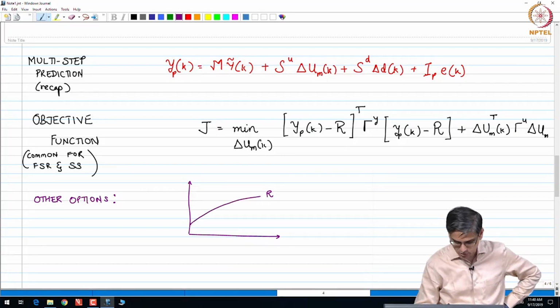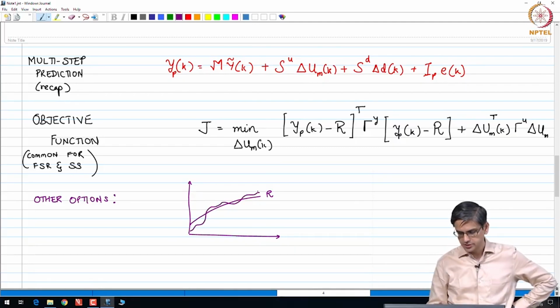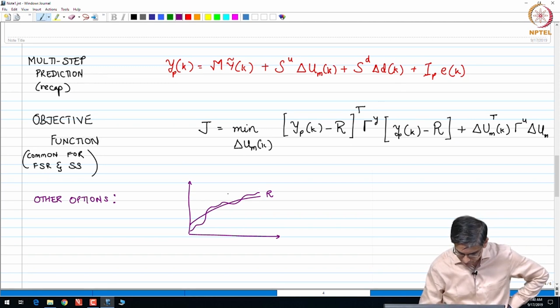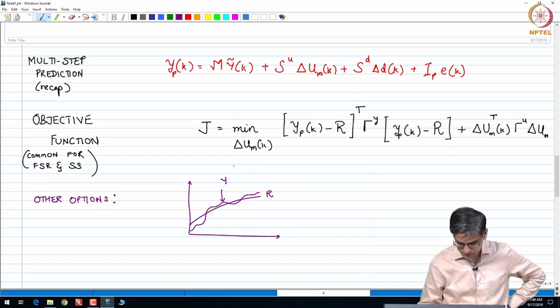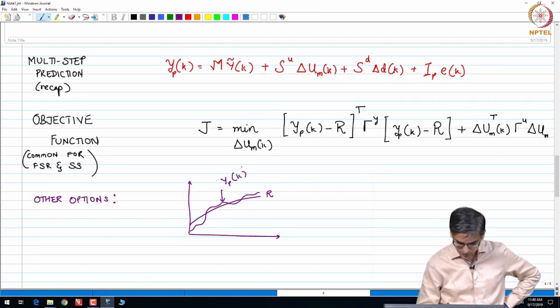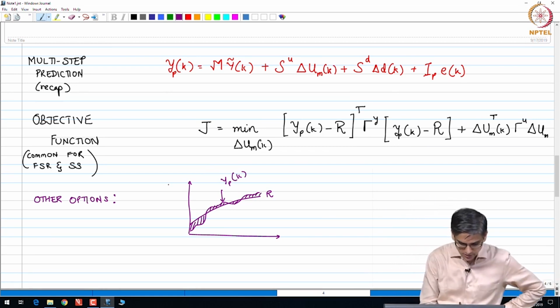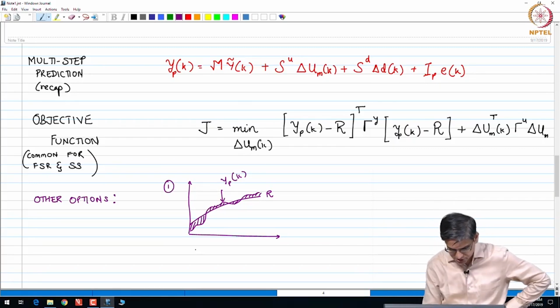We have already talked about this. In which case, minimizing this would be an objective. That is one option, that is trajectory.